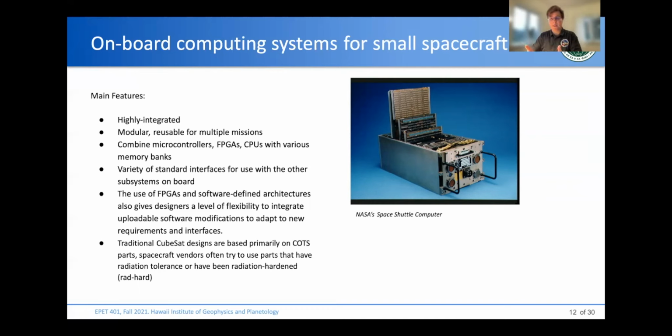We want to use standards, so we don't have to redevelop the wheel every time, a new standard every time for electrical interfaces, for software interfaces, for mechanical interfaces.